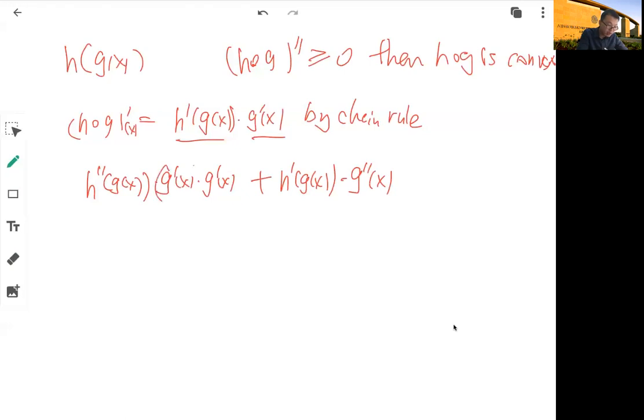If we combine these, we get the square of g prime. Then checking convexity reduces to checking when this expression is non-negative.